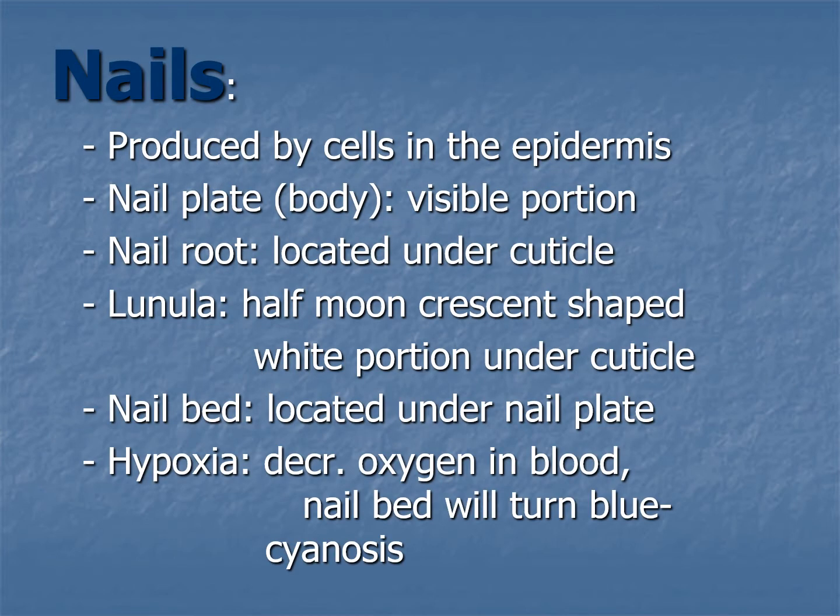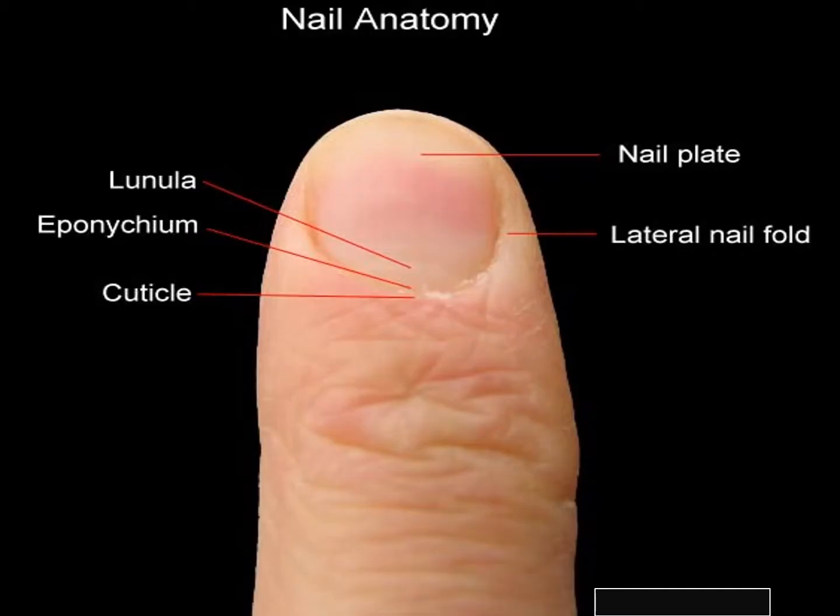Nails are skin appendages, which are ectodermal in origin and are produced by epidermal cells. The main structures of nails are the nail plate, root, lunula, and nail bed. The nail plate is the major visible portion of the nail, and the lateral nail fold is the skin fold around the nail.